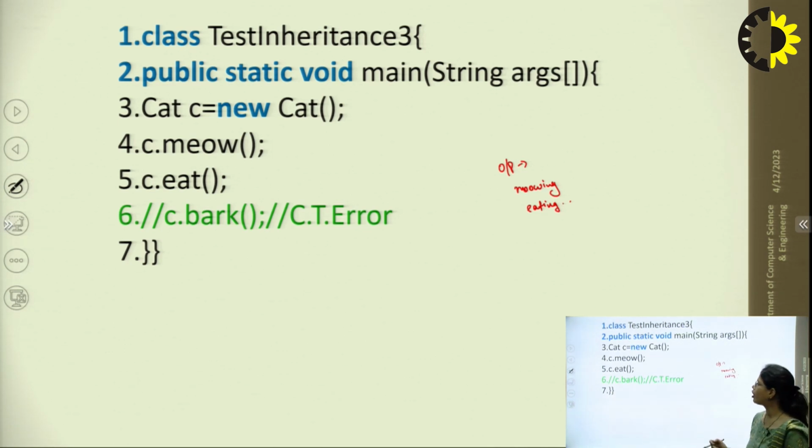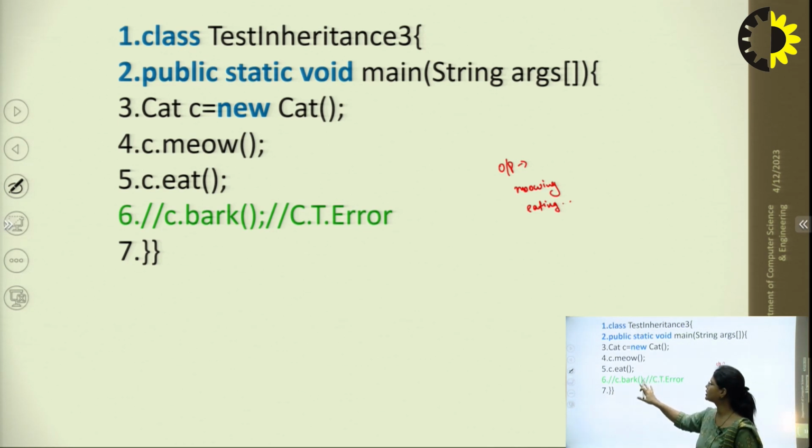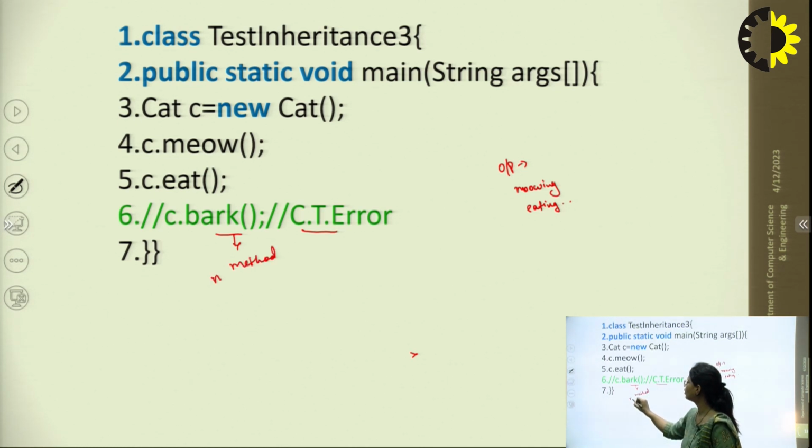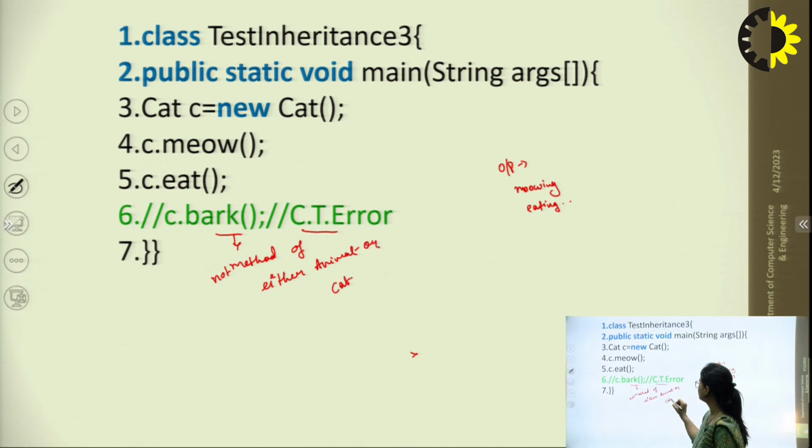Now at the sixth point, it's in a comment, that is c dot bark. When we remove this comment and try to run c dot bark, it will show you a compile time error, as bark is not a method of either the Animal class or the Cat class.